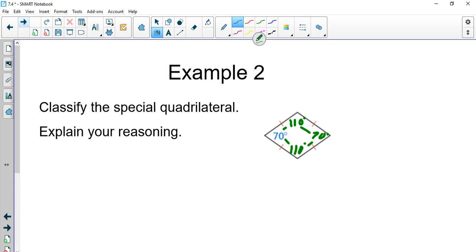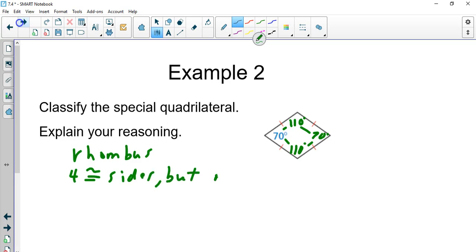Well, given that we have no 90-degree angles, it's not a square because there's no right angles. But since we have 4 equal sides, it is a rhombus. So 4 congruent sides, but no right angles.